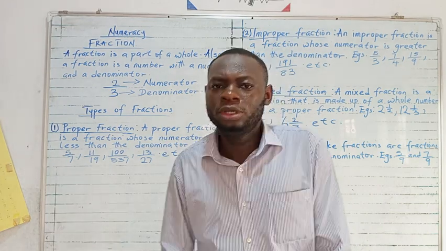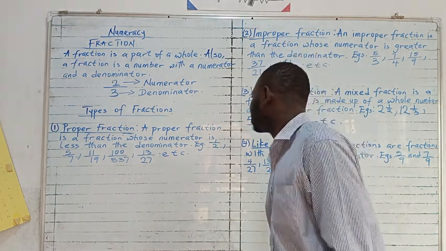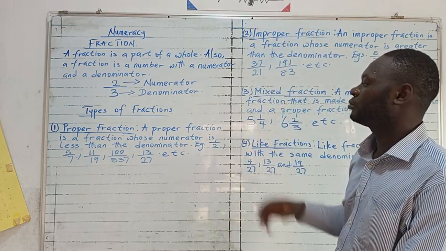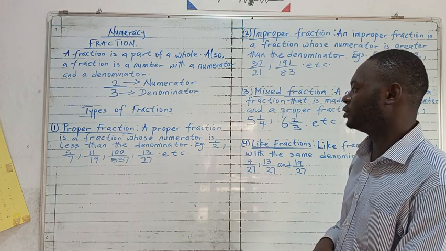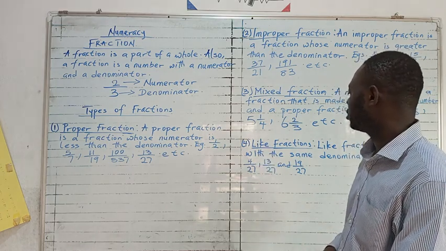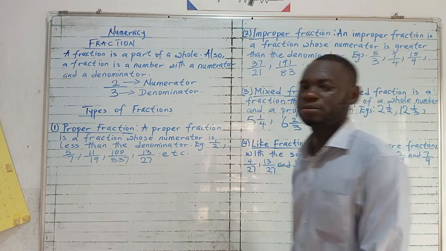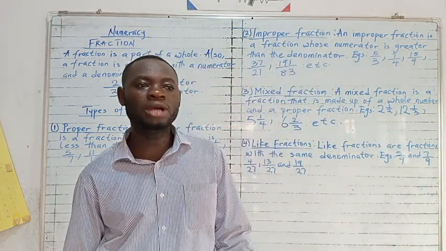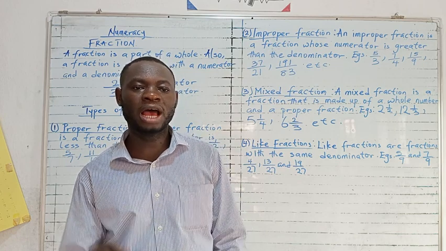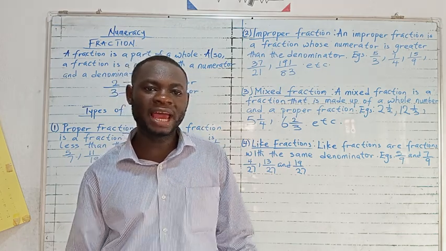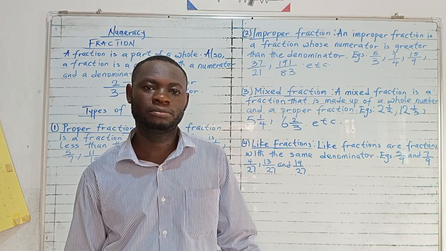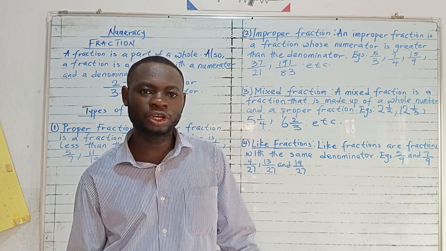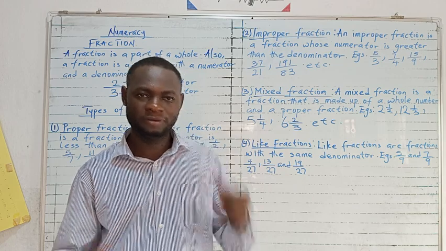So, in today's lesson, we are simply looking at what a fraction is, what the parts of a fraction are, and what the different types of fractions are. In our next class, we will look at addition and subtraction of like fractions.